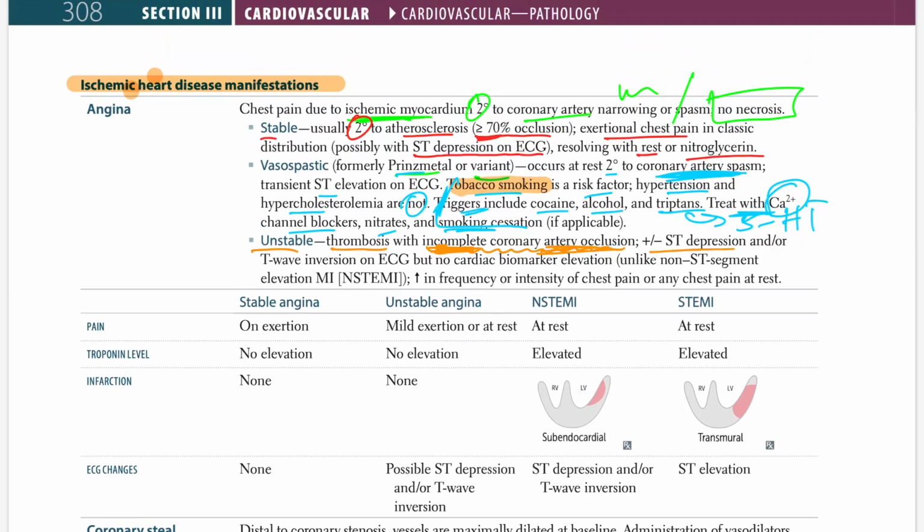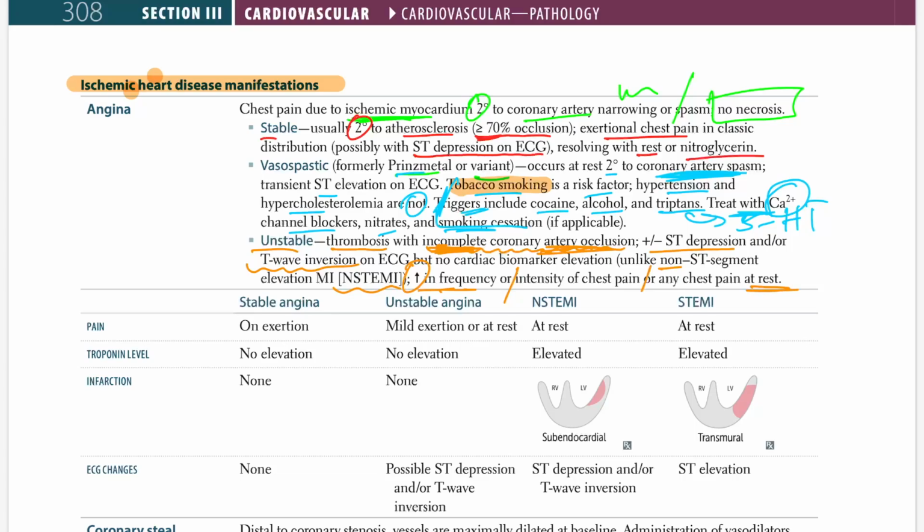Plus minus ST depression and T wave inversion will be seen on ECG, but no cardiac biomarker elevation, unlike non-ST segment elevation MI, which is called NSTEMI. There is an increase in frequency or intensity of chest pain or any chest pain at rest.